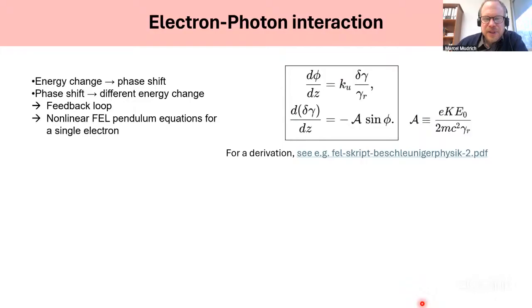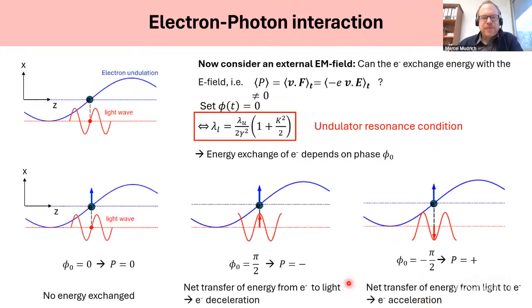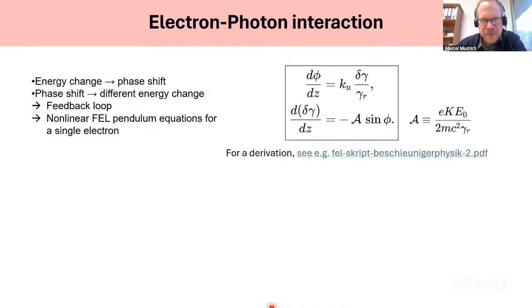And of course, we want the case where the electrons feed energy into the light field. So we want the middle case here, that energy from the electrons goes into the light field at the expense of the electron energy. So the electron beam will be slowed down by this process, that is clear.